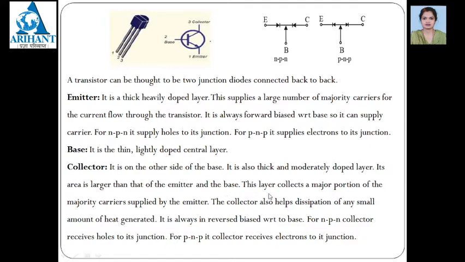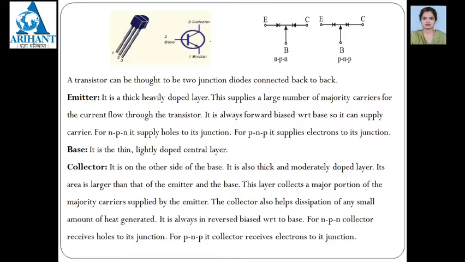Because this layer has to collect a major portion of the majority carriers supplied by the emitter. Whichever carriers the emitter end gives, they should be collected maximally by the collector, and a very low share of majority carriers should go through the base, so that we get the maximum at the output level.